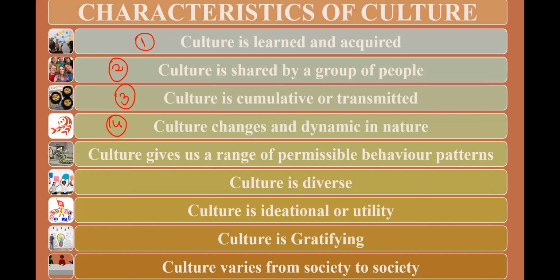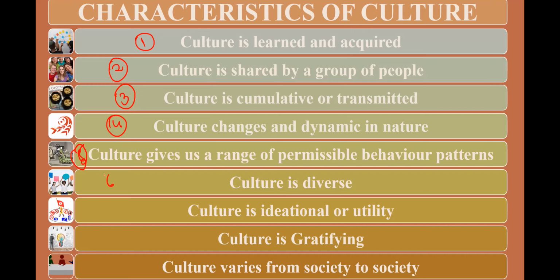So culture is always changing and dynamic. Then another characteristic: culture gives us a range of permissible behavior patterns. How to behave with the girls, how to behave with the boys, how to behave with parents, how to behave with siblings. That is permitting our behavior. So culture has that ability to give a permissible behavior pattern.